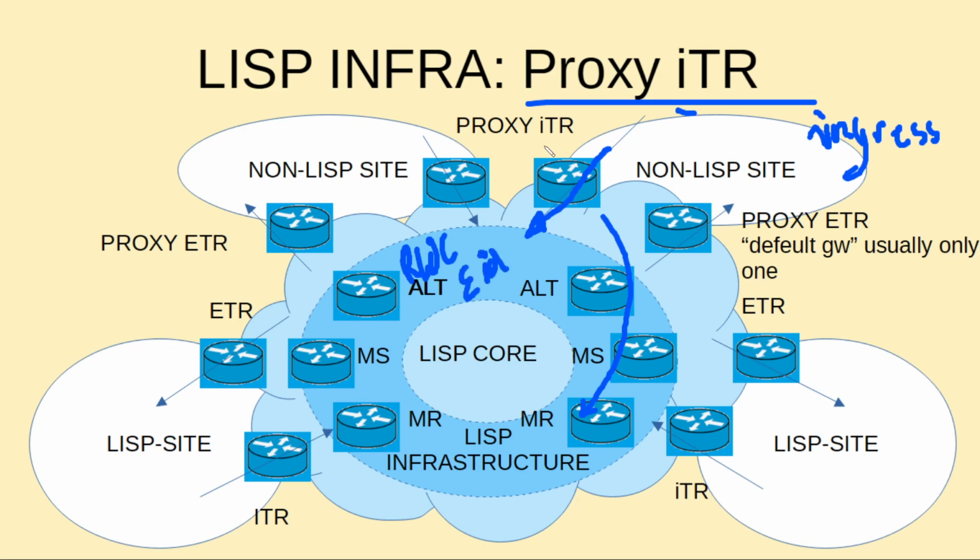We are going to configure these proxy ITRs with a partial map cache, where we are going to let these proxy ITRs know what is the list of all endpoint IDs that live within this LISP deployment.